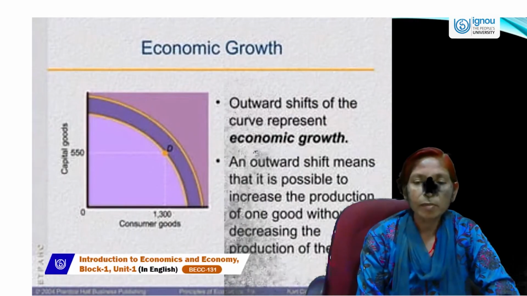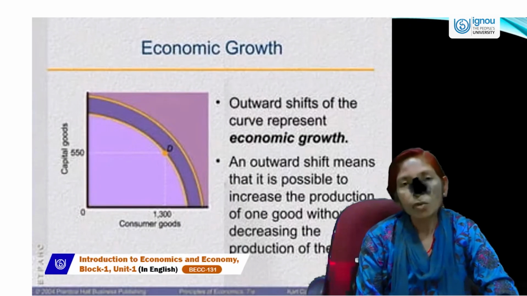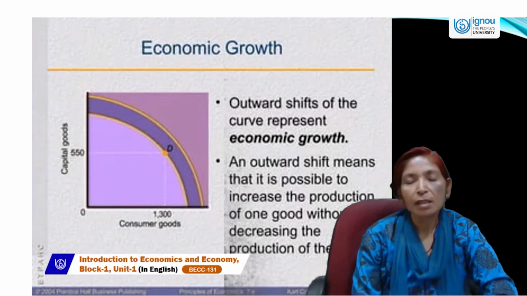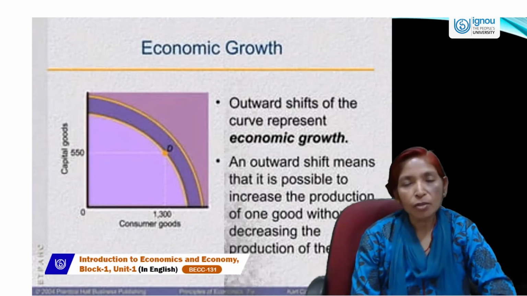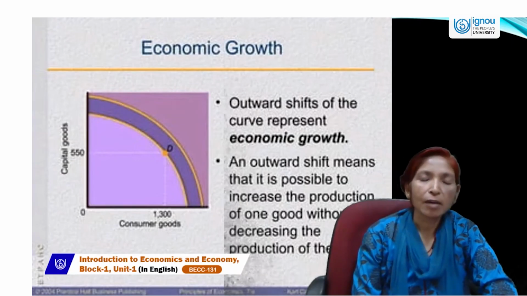An outward shift means that it is possible to produce both the goods in larger quantity without decreasing the production of the other. In this case, the curve will shift to the right hand side. And if we are underutilizing the resources, then this curve will shift to the left hand side.